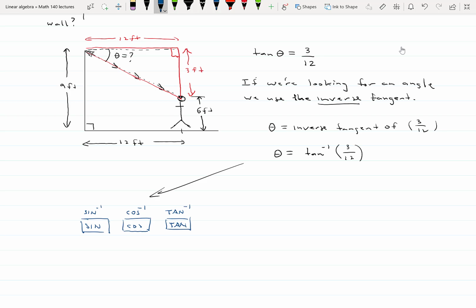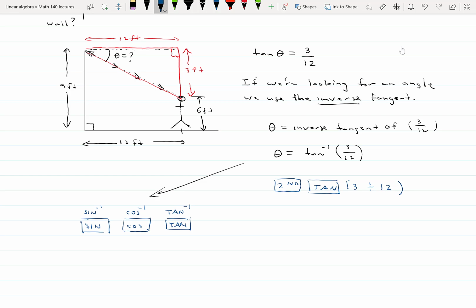To access the inverse trig functions, you use the second button. In your calculator, what you would do is push second, tangent. Your calculator will open the parentheses for you.